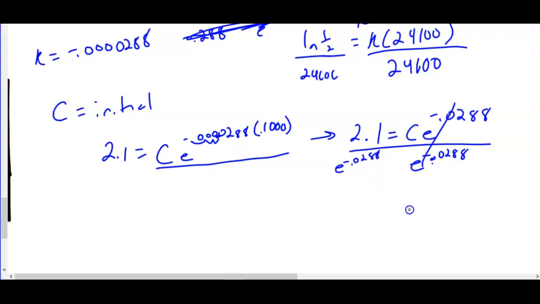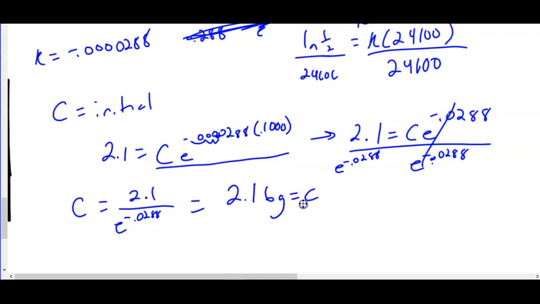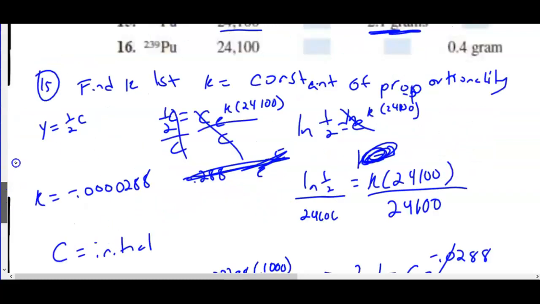So that cancels. So I get C equals 2.1 divided by e to the negative 0.0288. And when I do that, that is going to give me 2.16 grams. So this is 2.16.